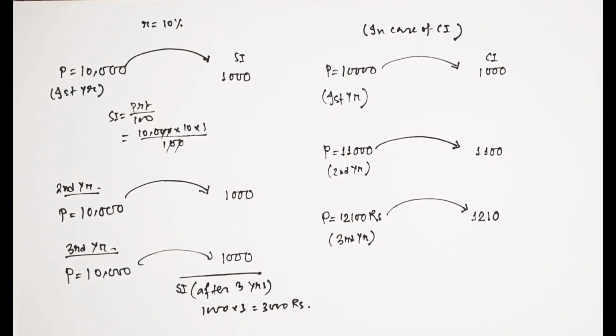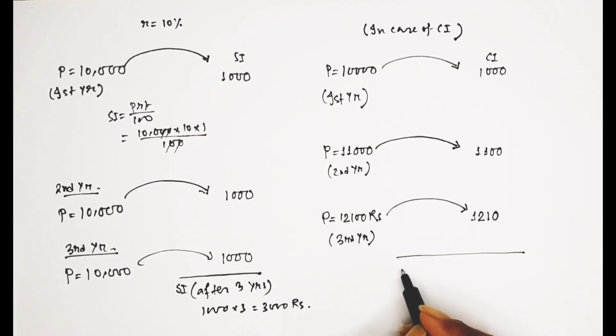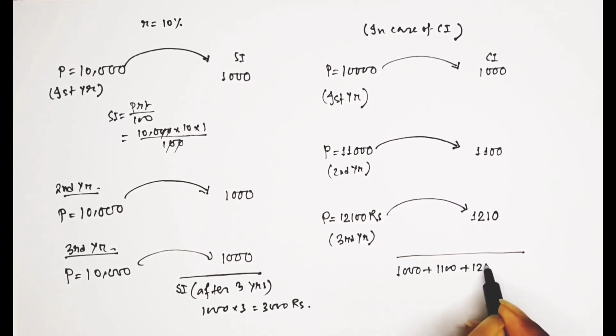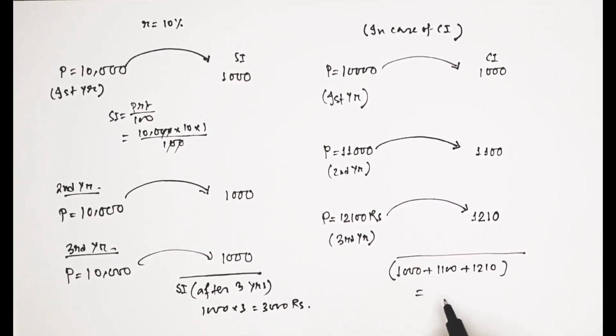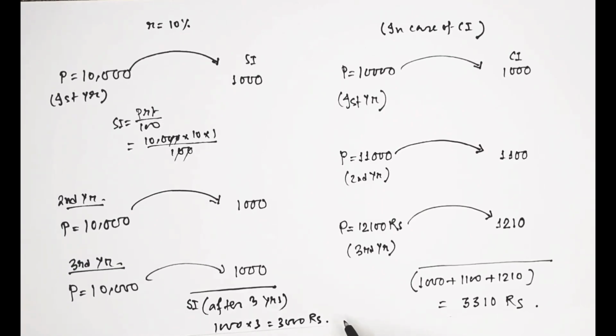But in case of CI, we get the value of CI after 3 years as 1000 plus 1100 plus 1210 rupees, that is 3310 rupees. Here you can see that the difference between CI and SI after 3 years is 310 rupees.